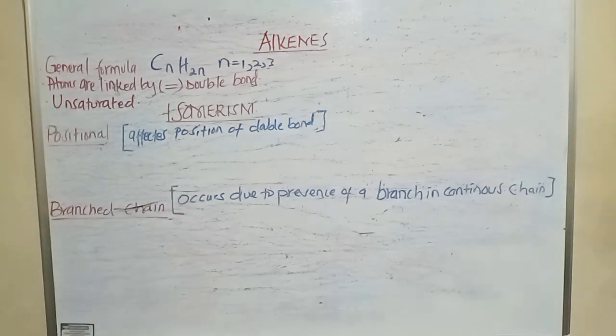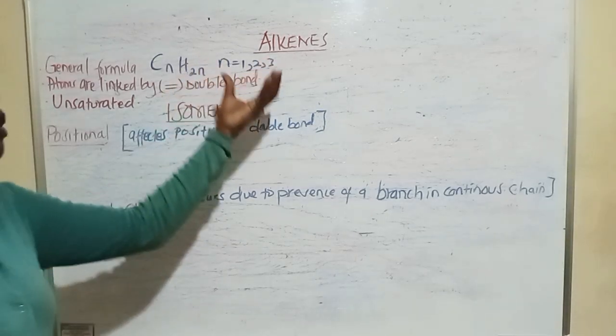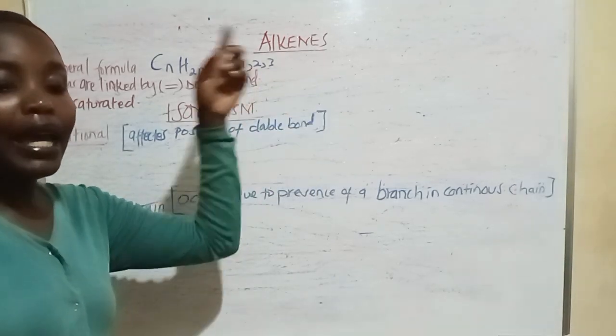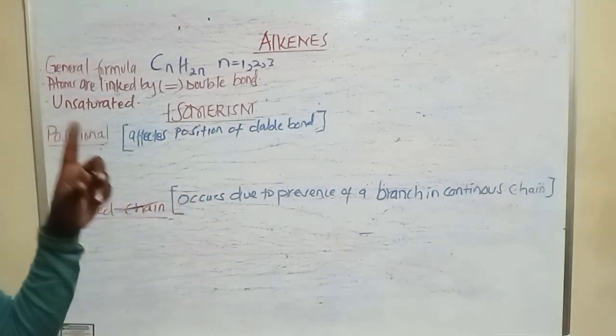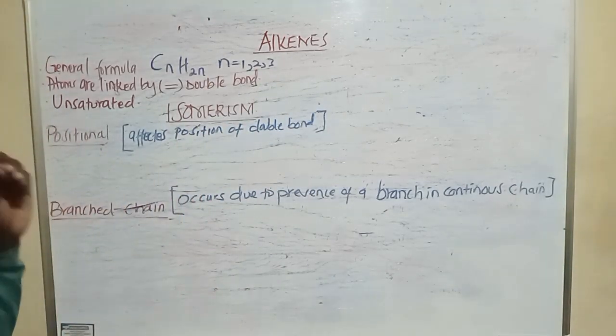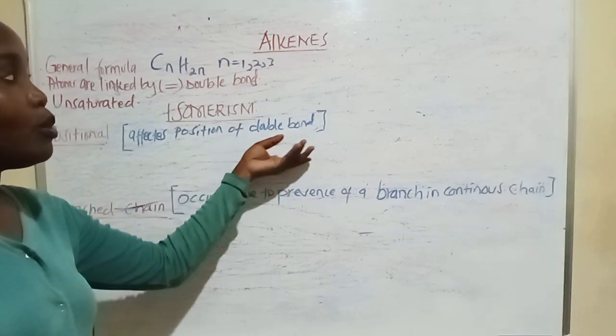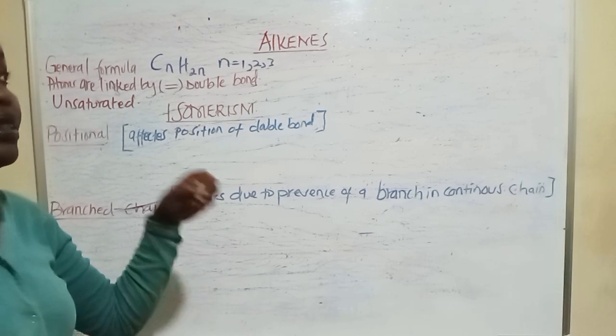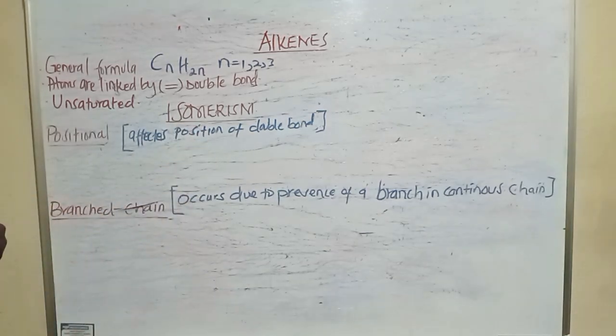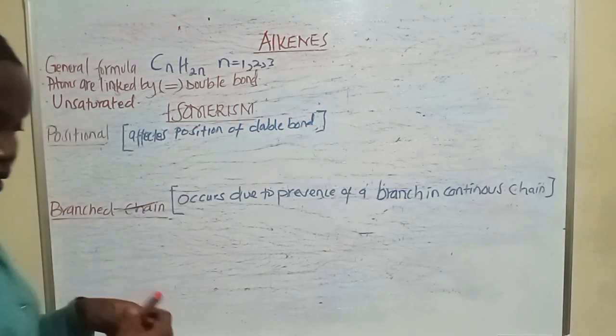Now let us go to isomerism of these alkenes. The first member of our homologous series in alkenes is ethene. So we start with ethene. How do we write ethene?